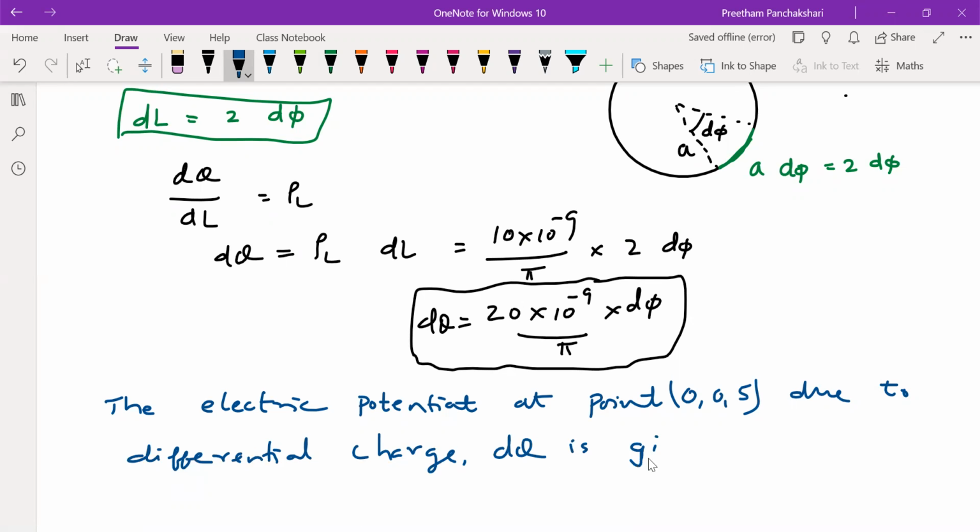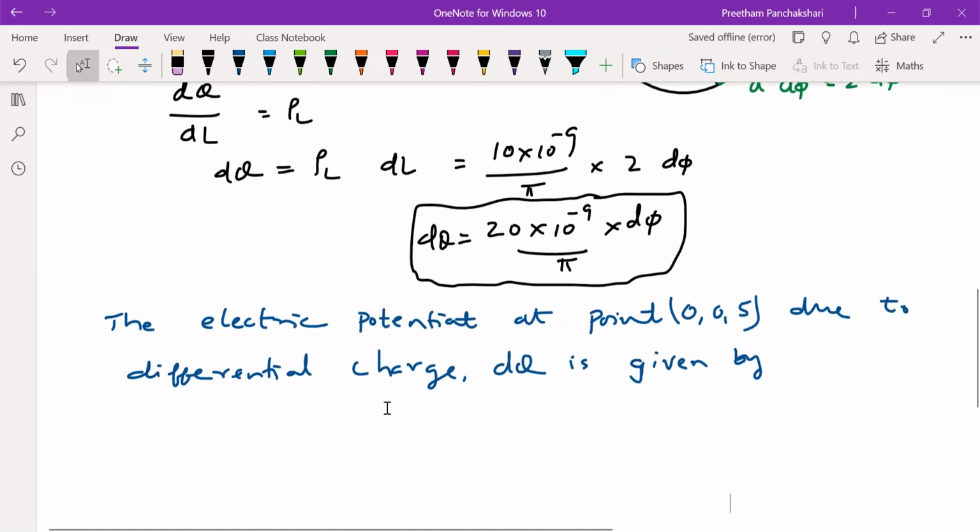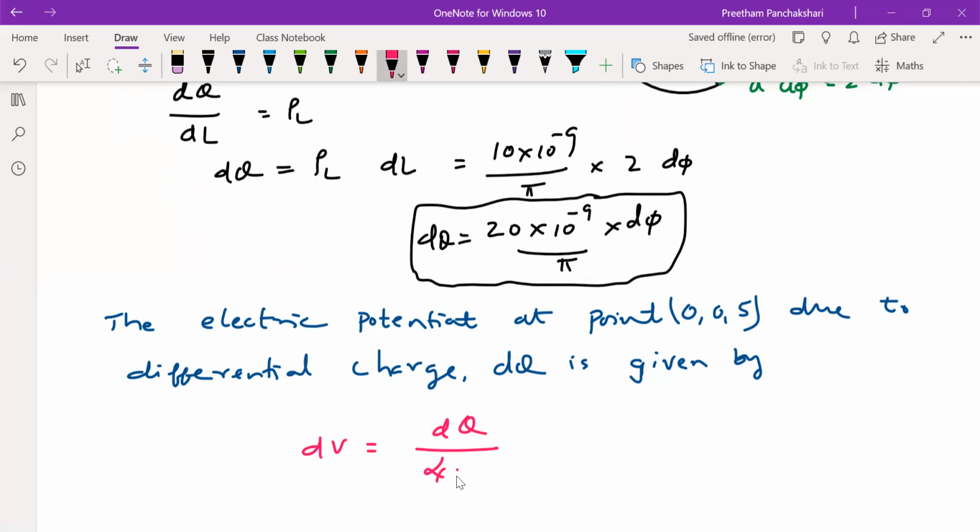Any charge in its differential state can be taken as a point charge. So it is given by dV equal to dq divided by 4 pi epsilon r.